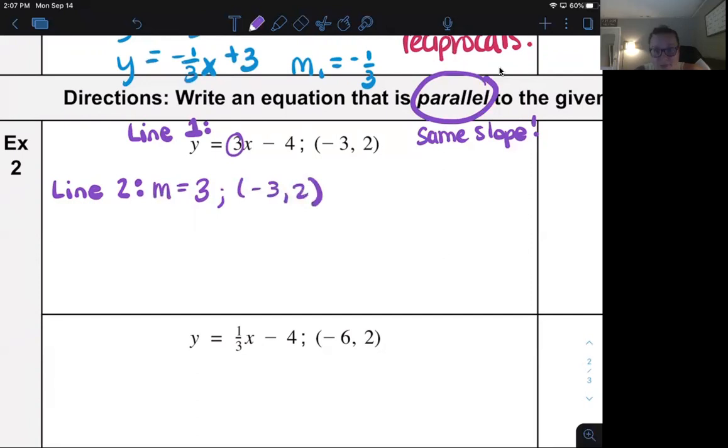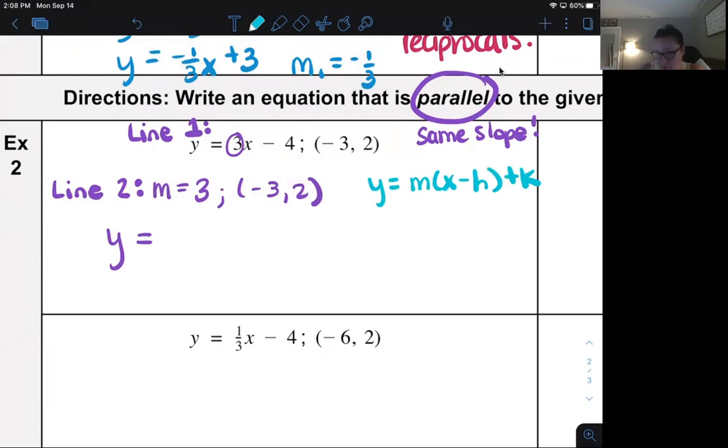Well, if I have a point and I have the slope, I'm going to write an equation in point-slope form. Off to the side real quick, I'm just going to remind us what point-slope form is. Point-slope form is y is equal to m times x minus h plus k.